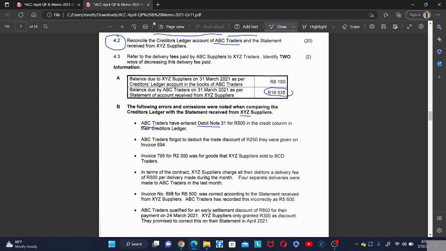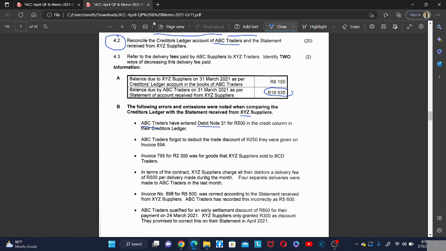What you need to remember is that we are ABC traders. We are treating this as a credit because we are buying the goods on credit. So what is happening here is that we recorded a debit note on the credit side.